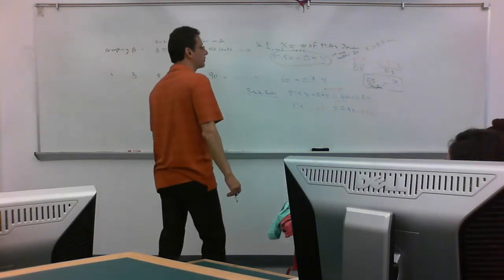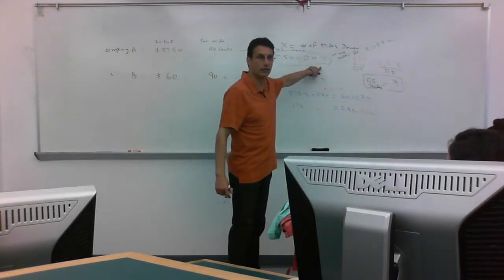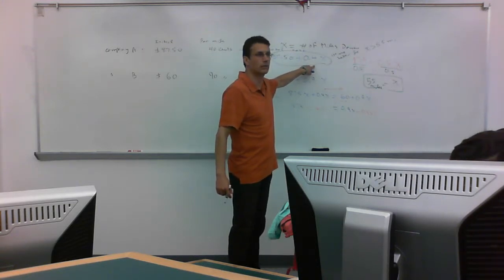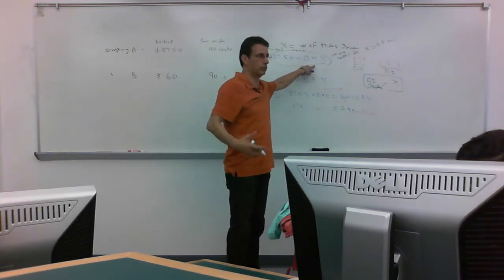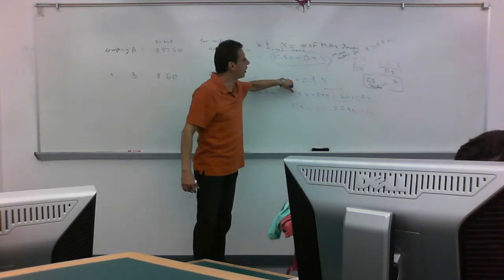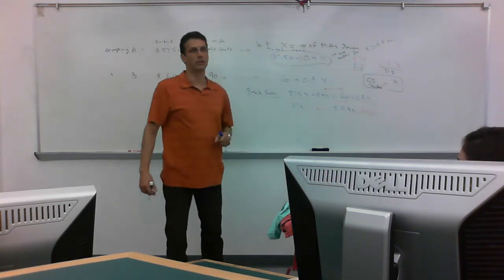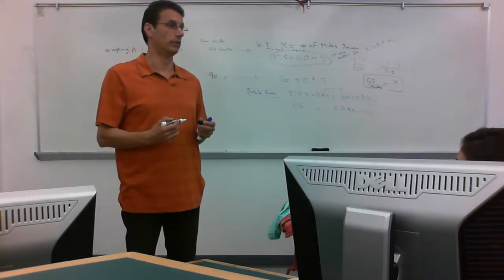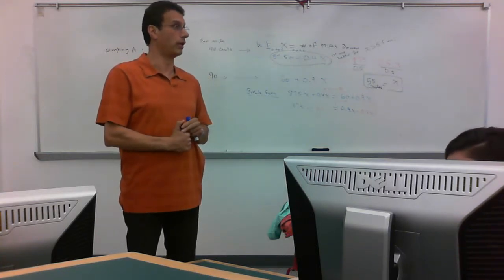It becomes advantageous because they charge less per mile. So if you drive more than 55 miles, this becomes a better deal, meaning less costly to you. On the other hand, if you are going to drive less than 55, the second one is a better deal. Is that making sense? Better deal means less money out of your pocket, of course, right?